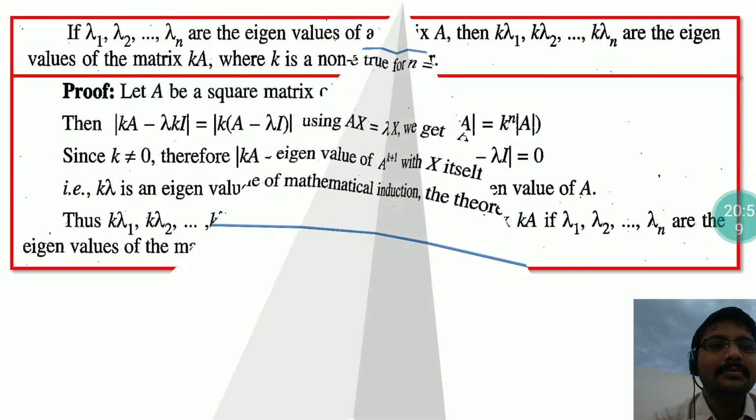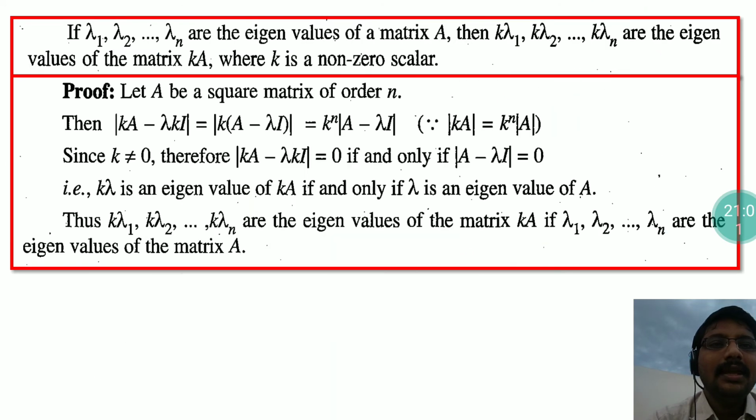Another theorem. If lambda 1, lambda 2 and so on, lambda n are the eigenvalues of matrix A, then k lambda 1, k lambda 2 and so on, k lambda n are the eigenvalues of the matrix kA, where k is a non-zero scalar. Suppose the given matrix A is a square matrix of order n.